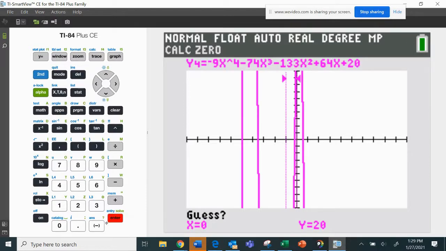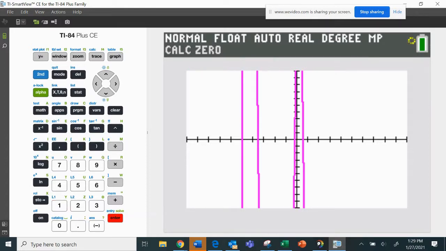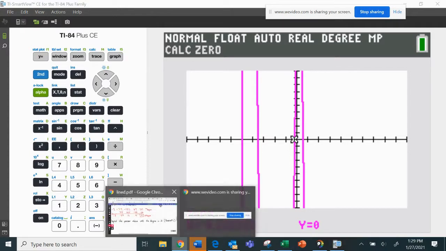And then guess maybe -0.1. It is not -0.1, but it is -0.2222222. 2/9. See how helpful that is? That's really helpful. 2/9. Okay. So we have a second 0. Yay.